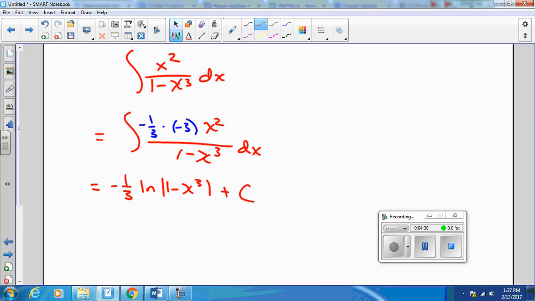But these constants don't serve the same function. This constant is part of my du. This constant comes to the outside. And you picked 3. Because if I let u equal the whole denominator, then du is negative 3x squared dx.